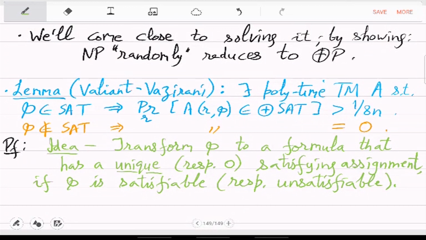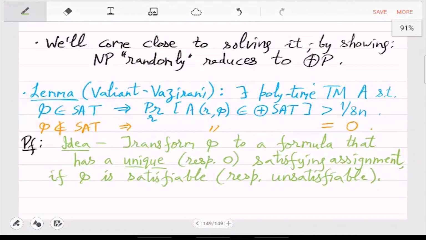So this will be achieved by a very useful trick in computer science that's called hashing into buckets.